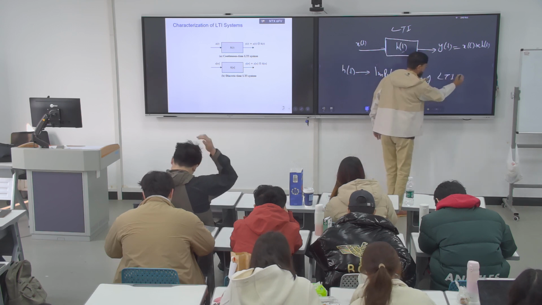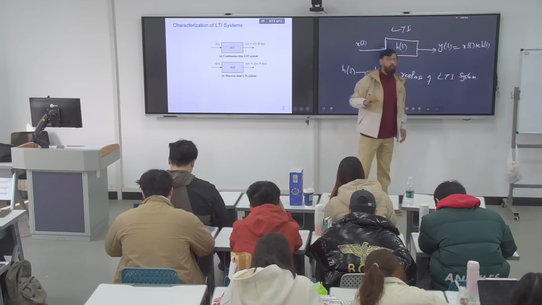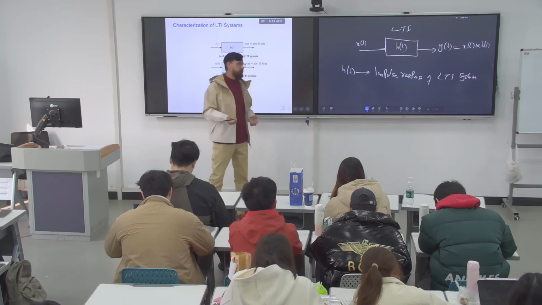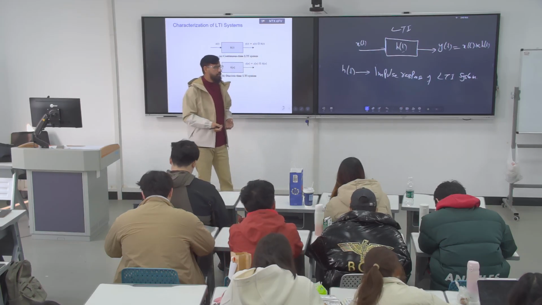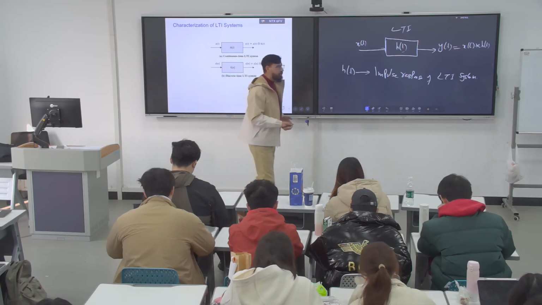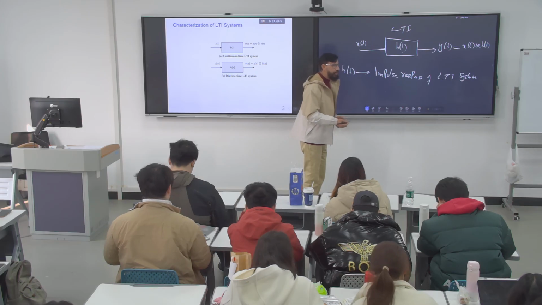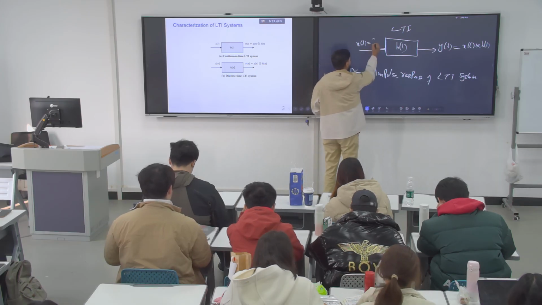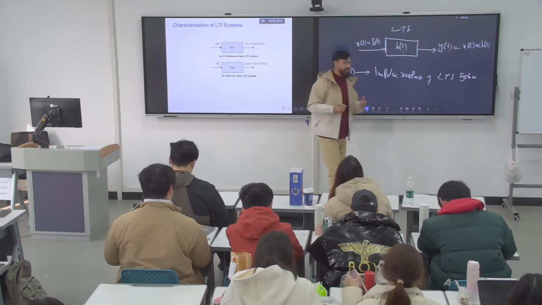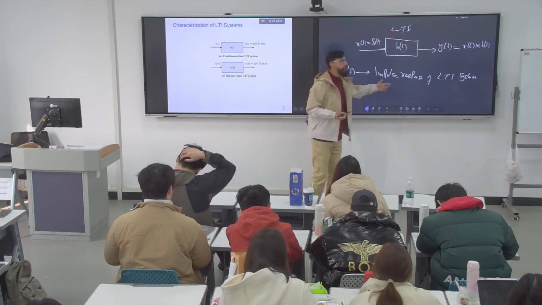How do we define it? When x of t is delta of t, my system will respond. The LTI system will respond, and that response is called the impulse response.